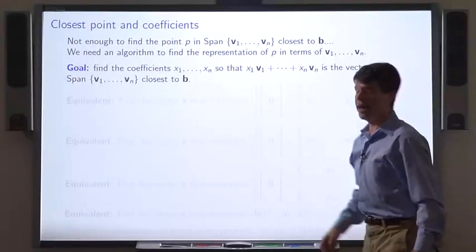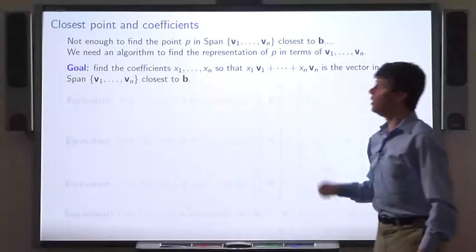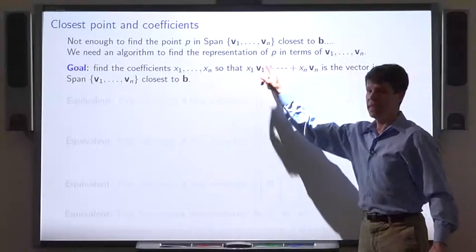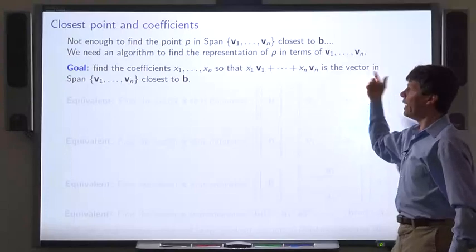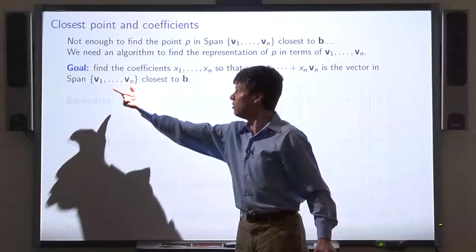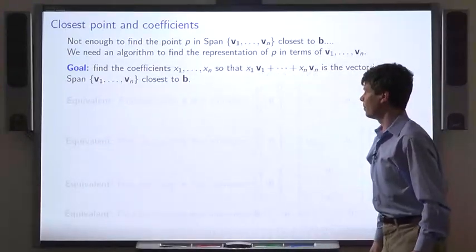So our goal is to find the coefficients x1 through xn such that the linear combination x1 v1 and so on is the vector in the span closest to B.